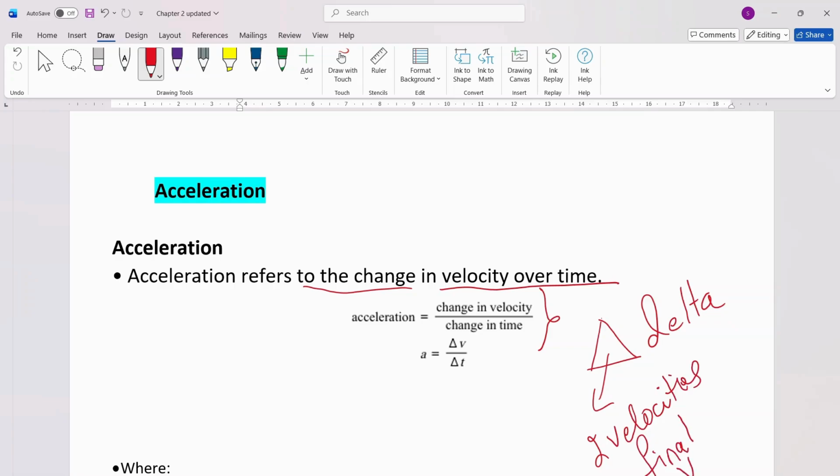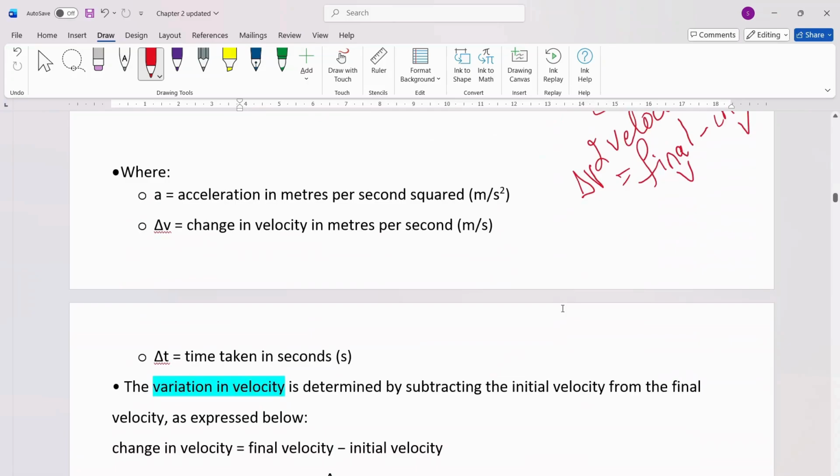So final velocity minus initial velocity will give me the change in velocity. The unit for acceleration is meter per second square. Delta v is the change in velocity in meter per second, and delta t is the time taken in seconds.